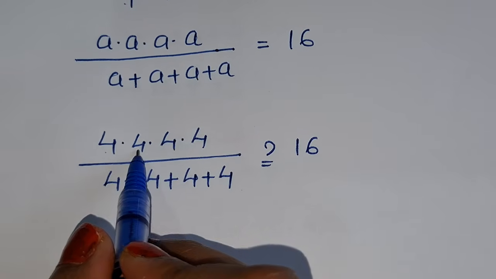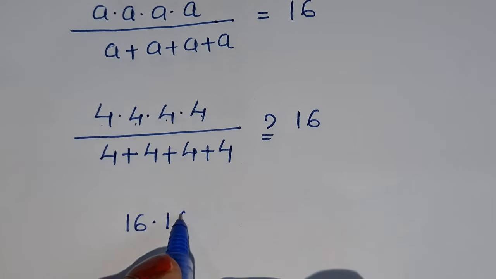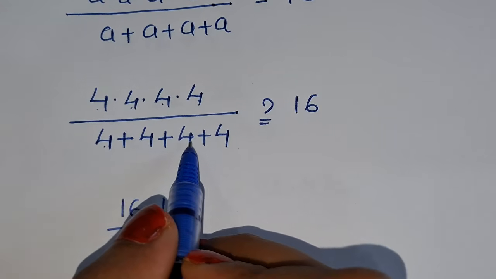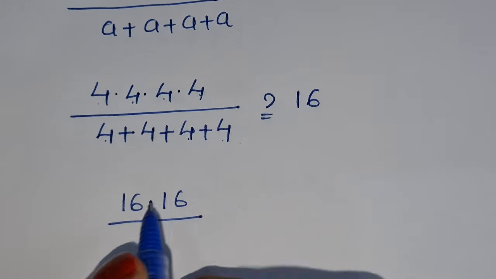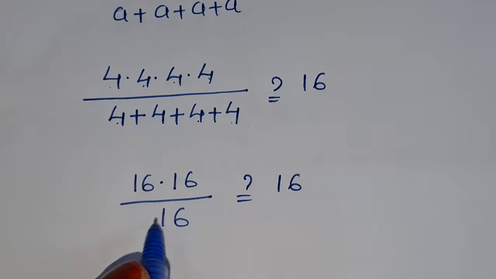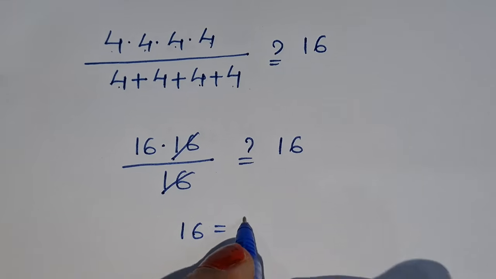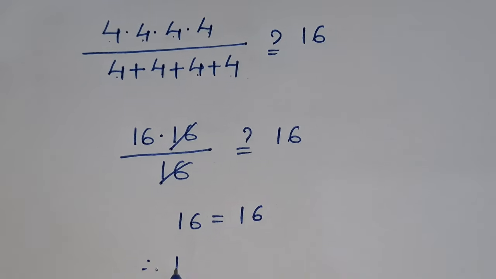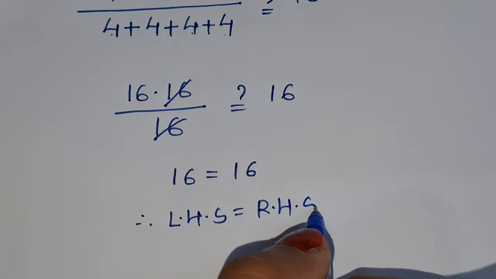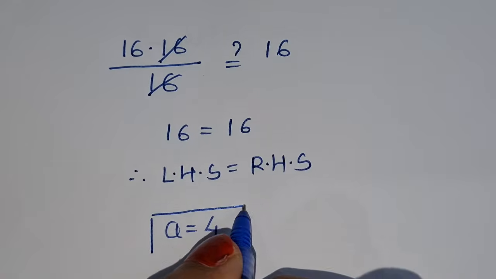Now 4 fours are 16, times 4 fours are 16, divided by 4 plus 4 is 8, 8 plus 4 is 12, 12 plus 4 is 16, so 16 equal to 16? Now this 16 is cancelled by this 16, so 16 is equal to 16. Therefore LHS is equal to RHS. So the value a is equal to 4. This is the correct solution for this equation.